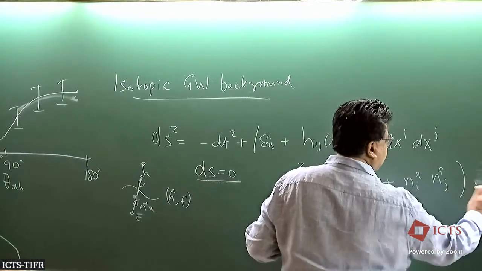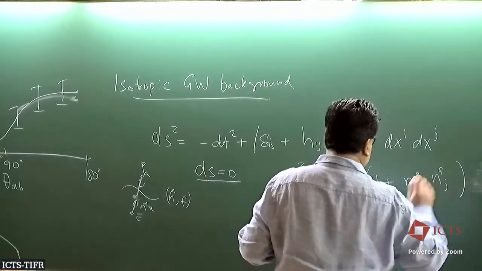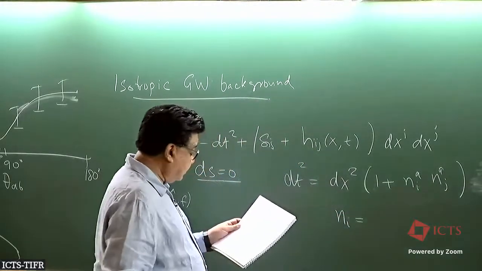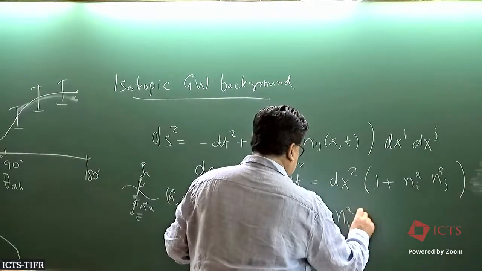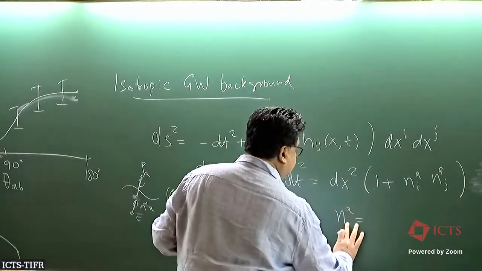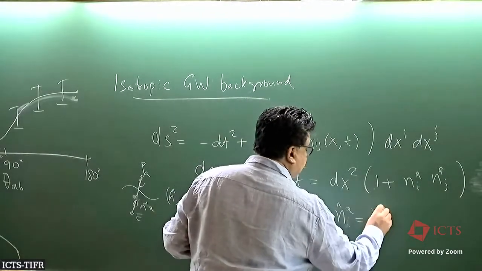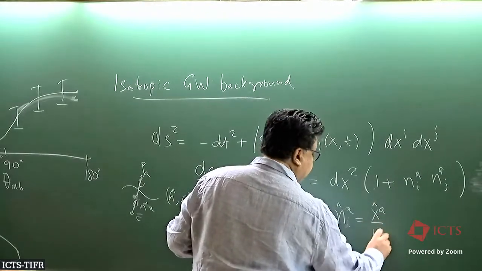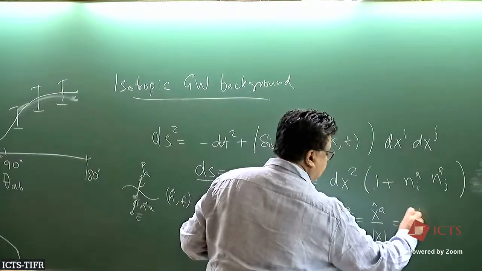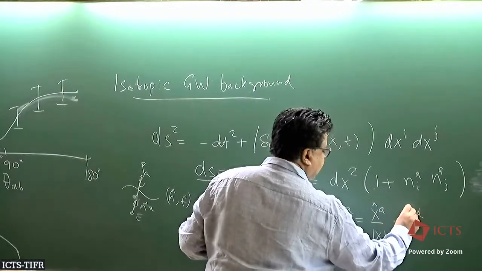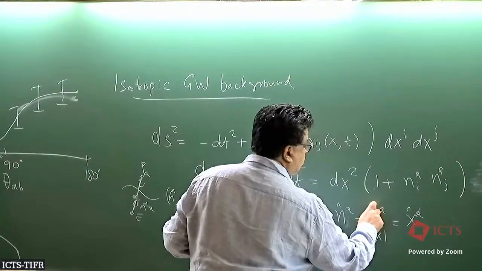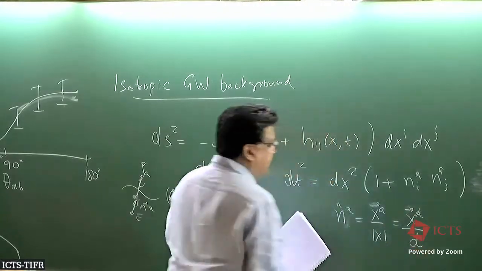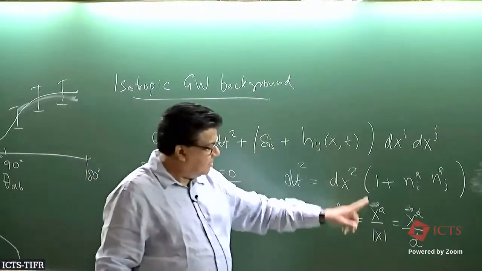I have taken out dx squared, where this n_i is basically the direction of the pulsar from Earth.